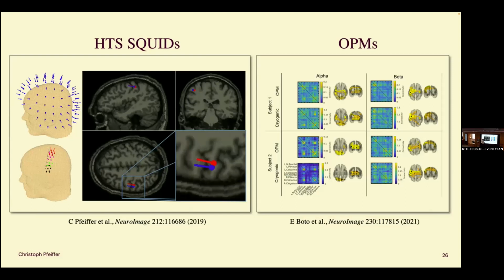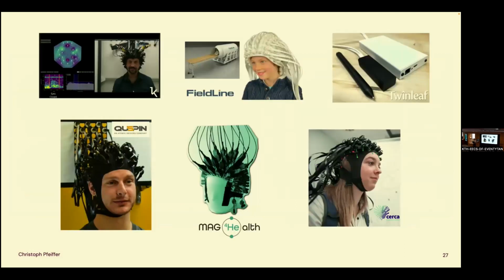OPMs have developed a little bit faster, and there are already some whole head systems nowadays, and even more sophisticated things like connectivity analysis. The main reason for this fast development is that OPMs have become commercially available. So there are several companies nowadays that offer OPM sensors or systems.